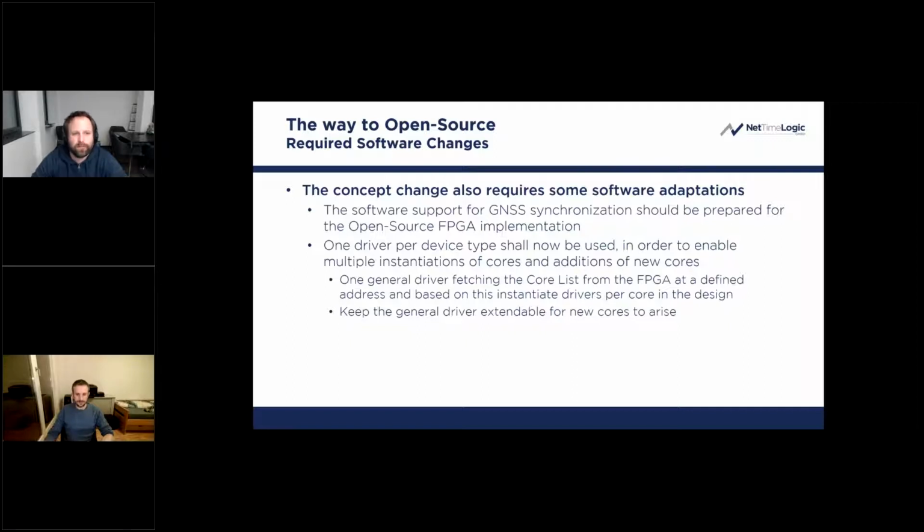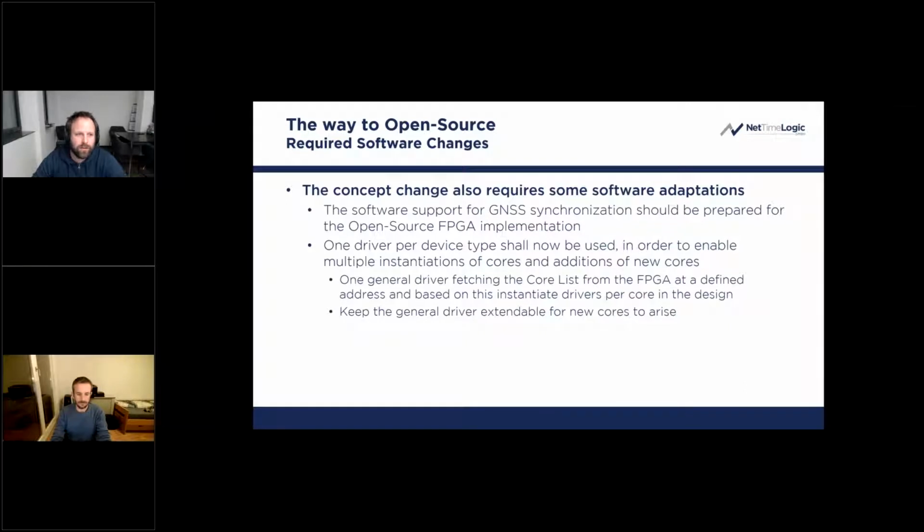So mainly the software support for the GNSS synchronization should be prepared for the open source FPGA implementation. And the other point is more looking into the future. We would like to see that the driver is more modular.